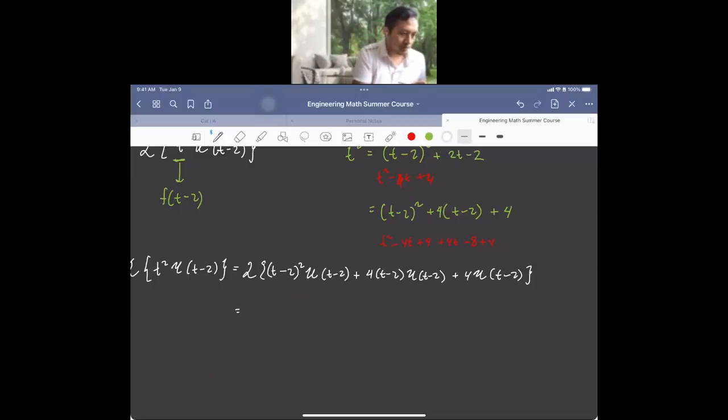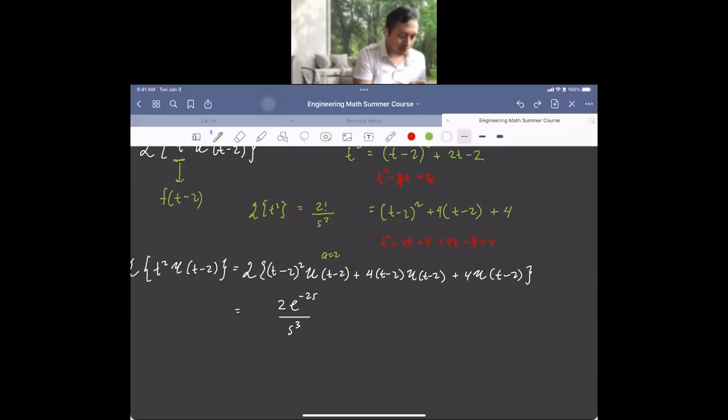The first one here will become 2e negative 2s, because a is 2, right? And then divided by s cubed. S cubed is from, remember, the t squared. So Laplace of t squared is 2 factorial divided by s cubed. So 2 factorial is 2, so that's why it's 2 here, right?